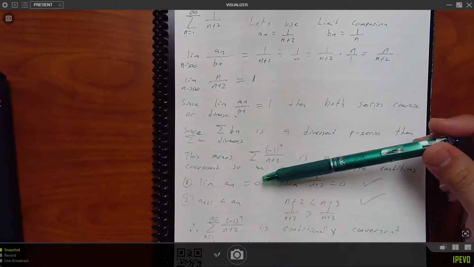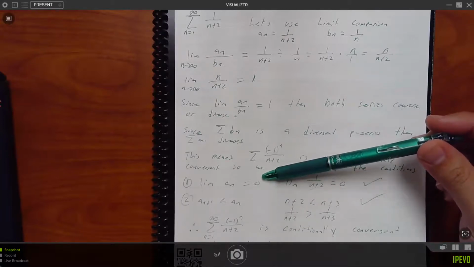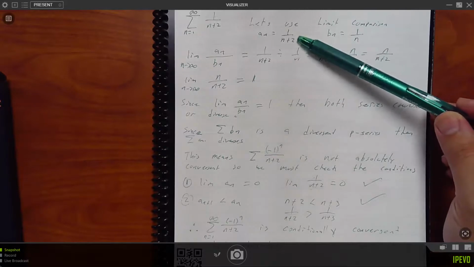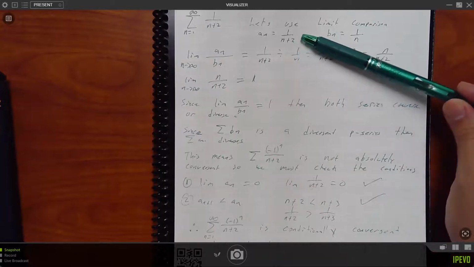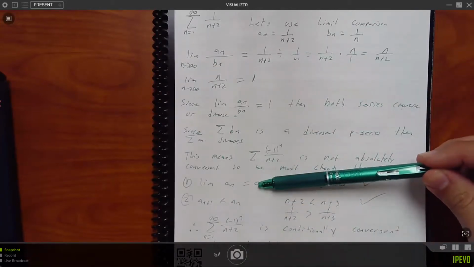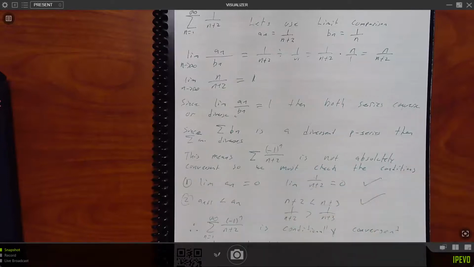If this limit would have been something else, like if you would have seen a sub n up here, and that's not going to be a zero limit, you could have just stopped all this and said, you know what, diverges because it's not zero. Remember the first test I showed you, the divergence test? That's why I always mention, look at the limit of the sequence before you start.